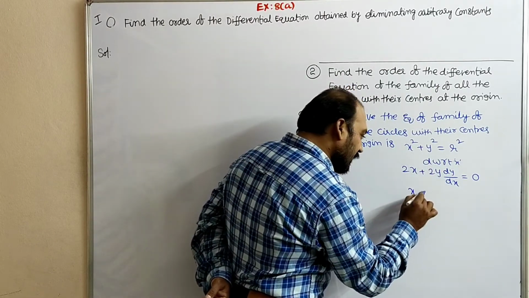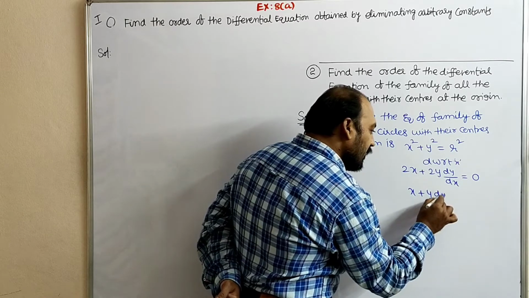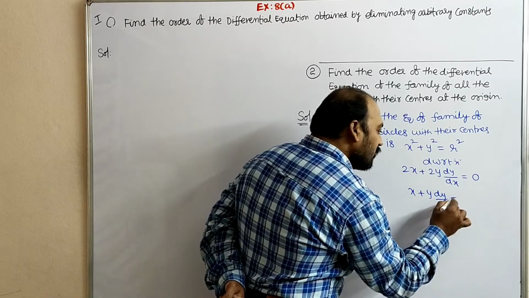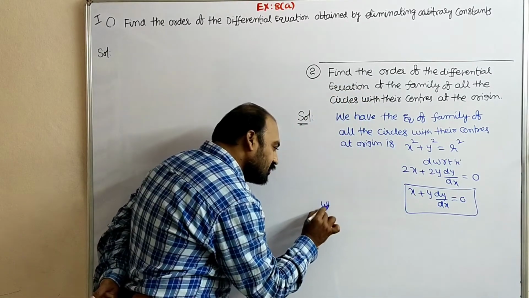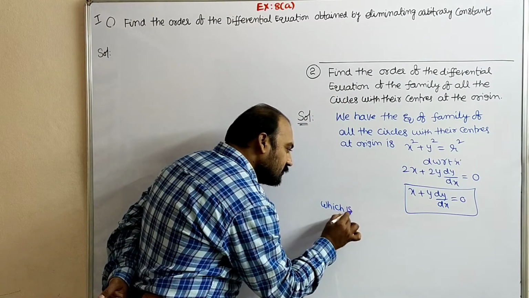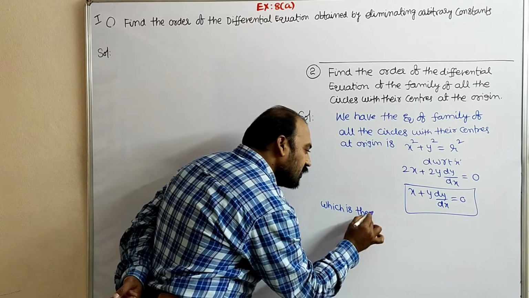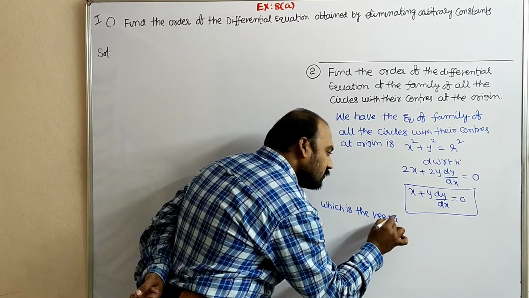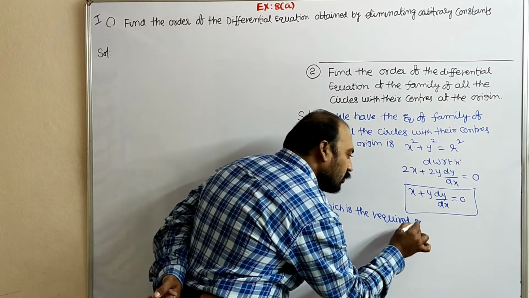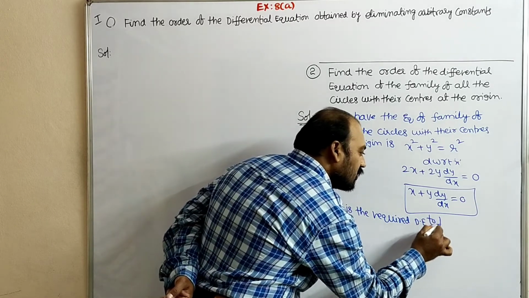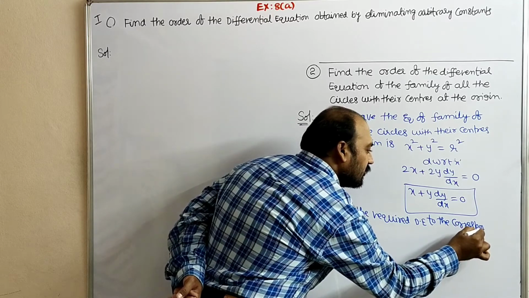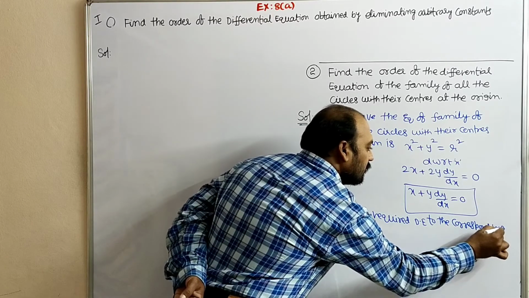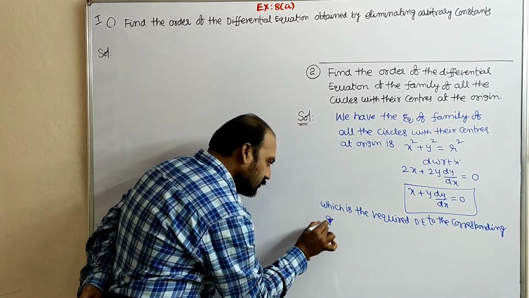So it becomes x plus y dy by dx equal to 0, which is the required differential equation to the corresponding given equation.